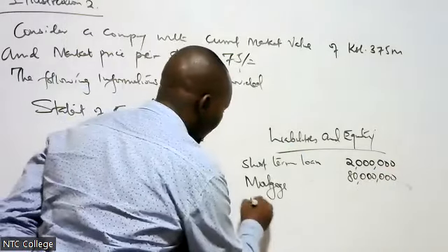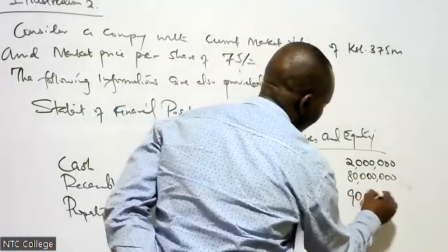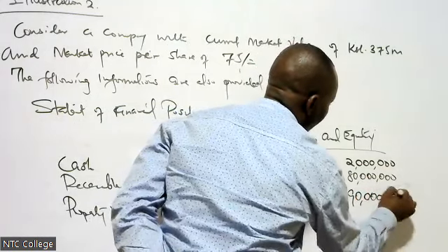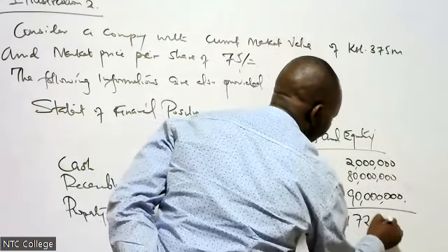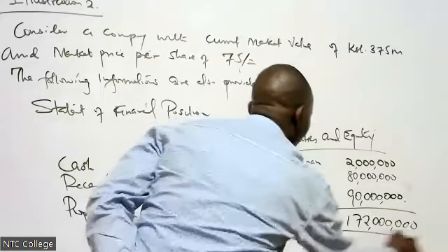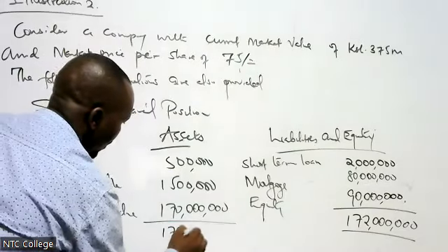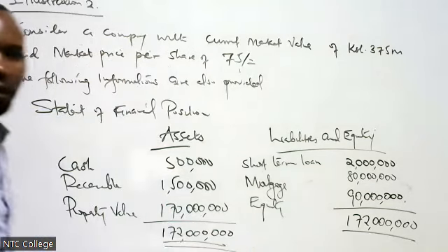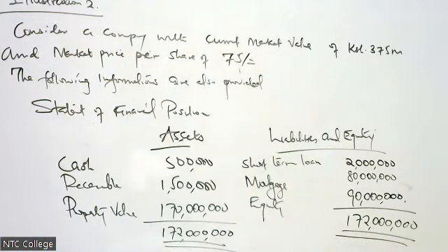Equity 90 million. Pamoja. We also have income statement.